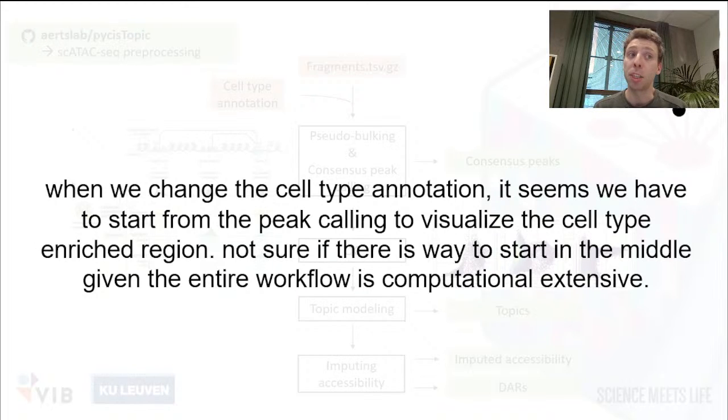This is kind of true, because when you change your cell type annotation, you will also change the consensus peaks that you're calling. So indeed, this will affect the entire downstream workflow. So it's important to select high quality cell types to call the consensus peaks.